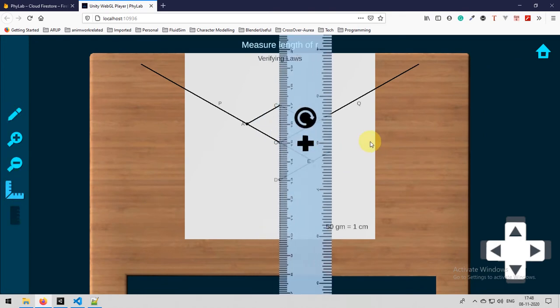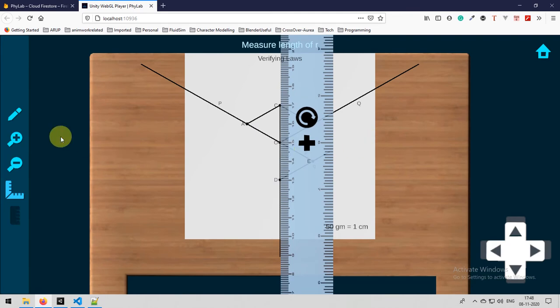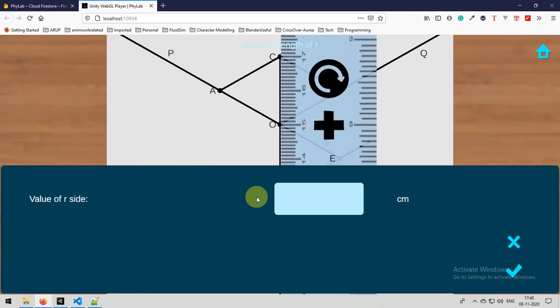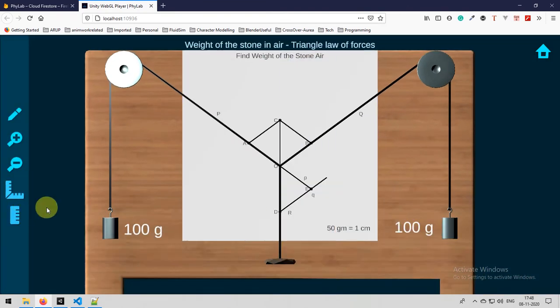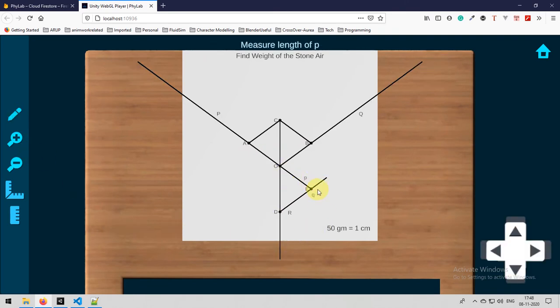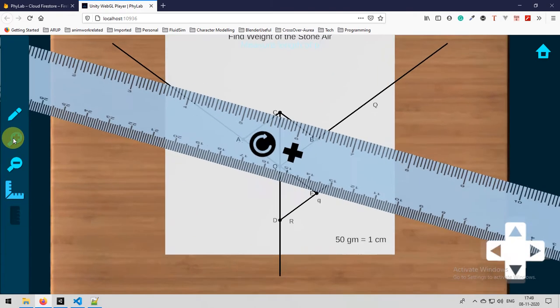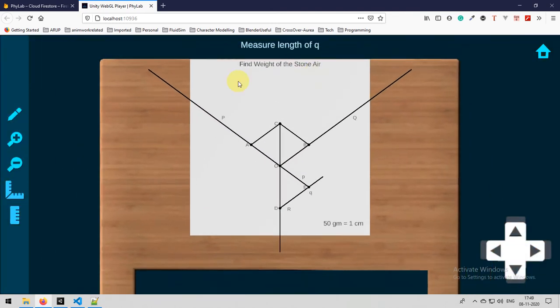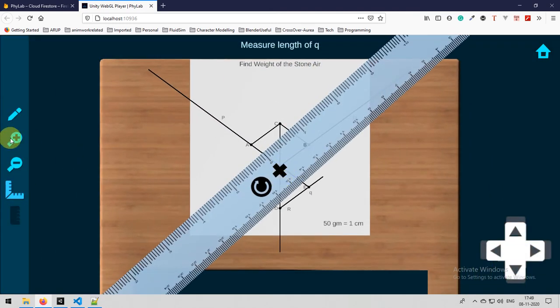Here, the last one is to measure the length of R. R is the line which is parallel to capital R. Again enable the scale, adjust the scale, adjust the camera zoom or position if required, and then enter the value, that is 2 centimeters. Again, in the same way like we did for the parallelogram, we will also continue to do for the stone, and then for the stone in water.